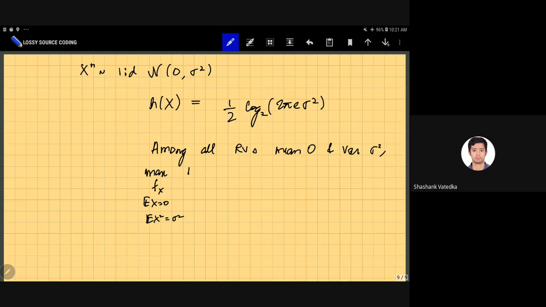The maximum of the differential entropy is equal to half log 2 pi e sigma square. All right, so this is a fact.